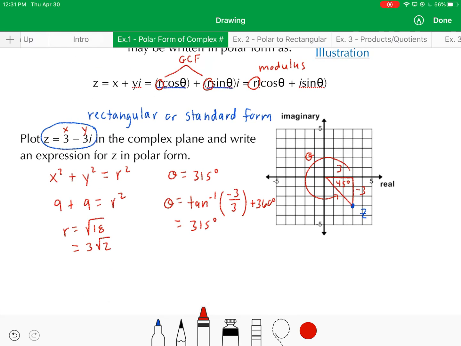All right, so we're pretty much ready here. We can take the complex number z and now express it as our r value, or our modulus, of 3 radical 2 multiplied by the quantity cosine of 315 degrees plus i times the sine of 315 degrees. Okay?